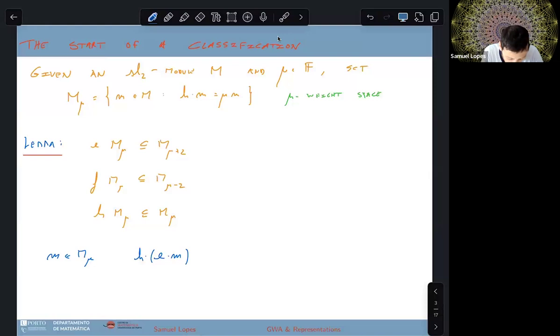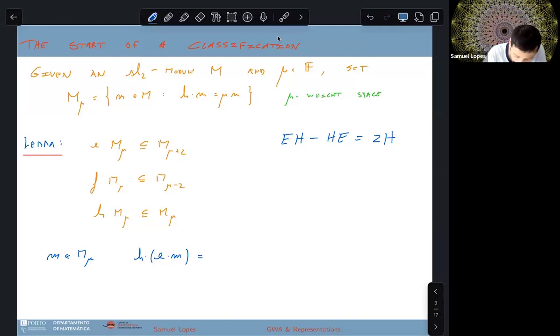Remember that if I think of the matrices affording this representation, for example, HE minus EH was equal to 2E, to replicate the relations in the Lie algebra.